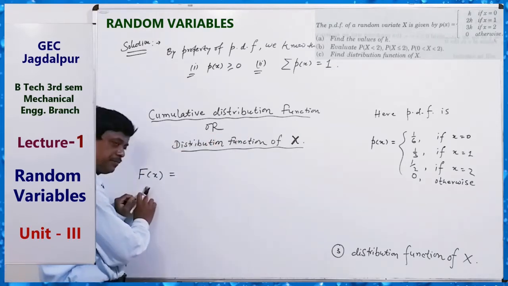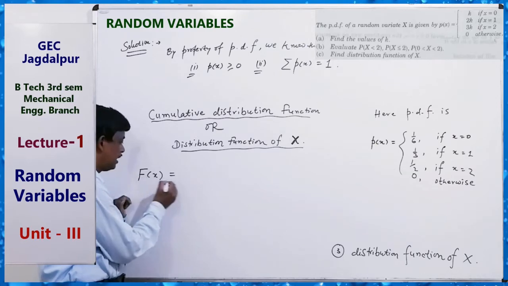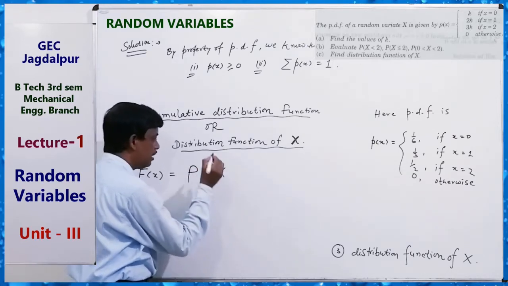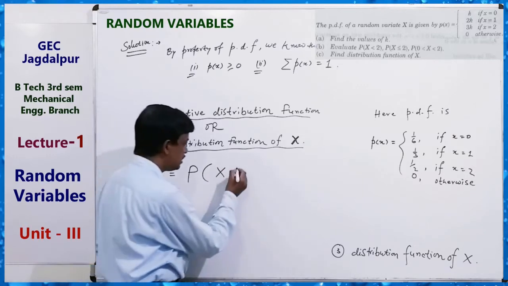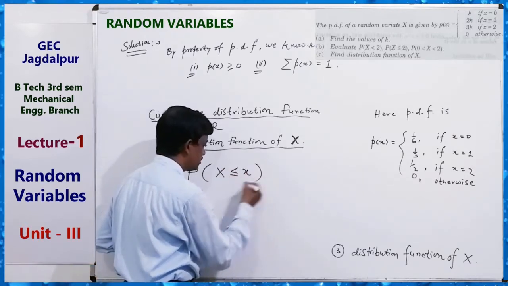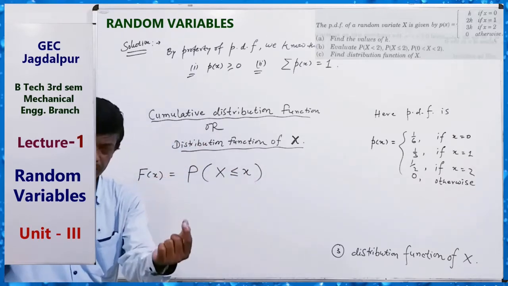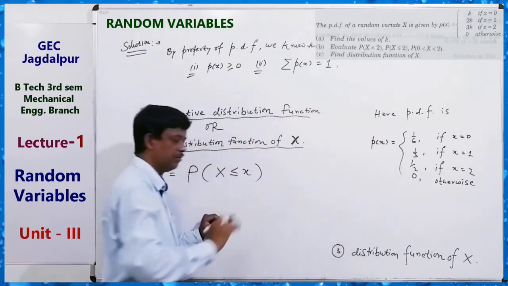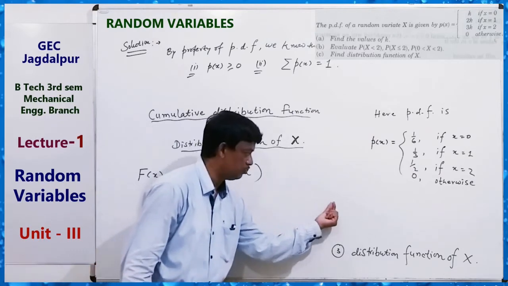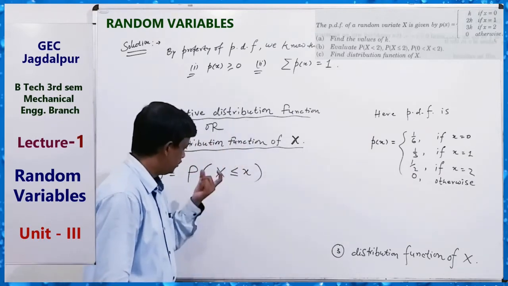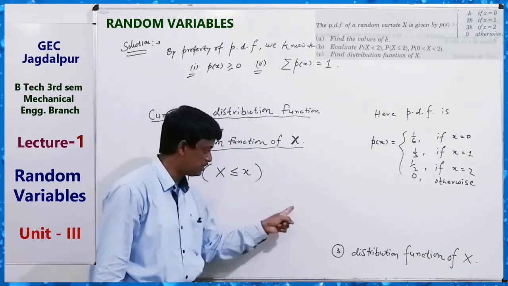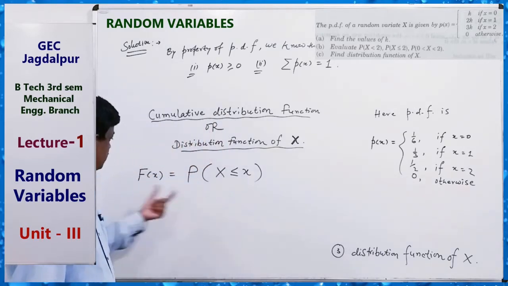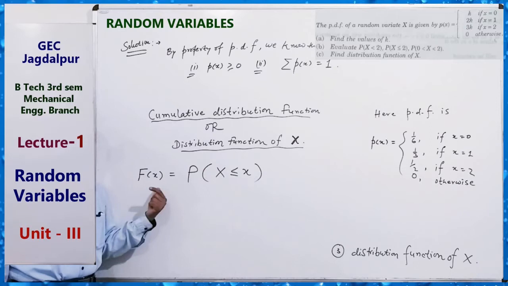So the probability that the random variable x is less than or equal to small x, for a particular value, is defined as F(x).